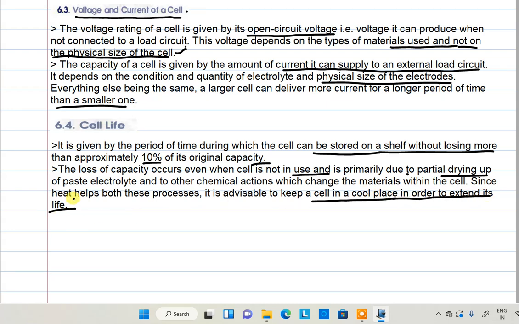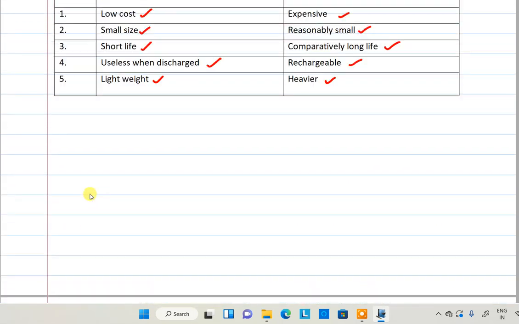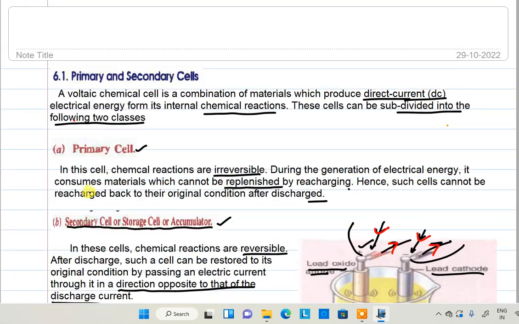That means it stores the cell without losing approximately 10% of the original capacity, right? So that's why batteries are placed in cool places, and then we can extend their life. This is about the cell life, and this is about the class related to the primary and secondary cells.